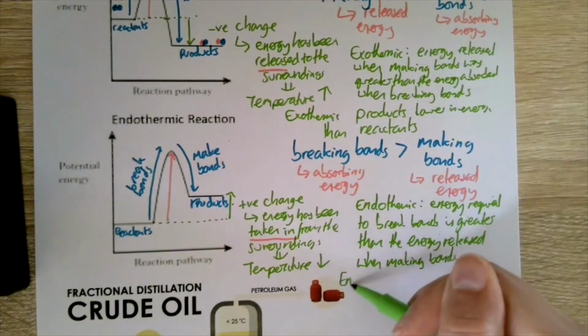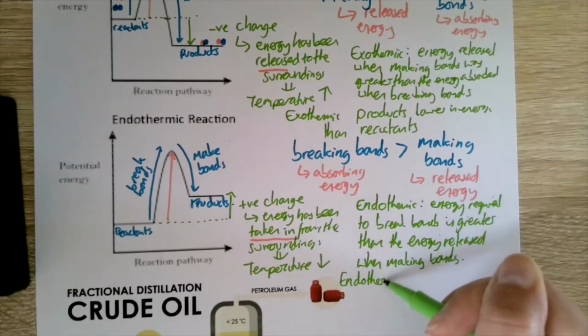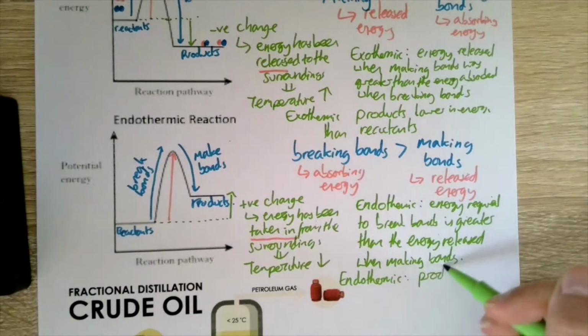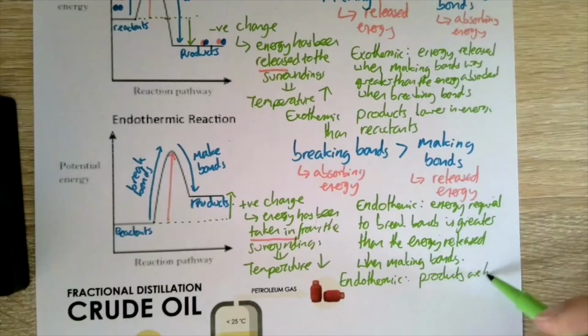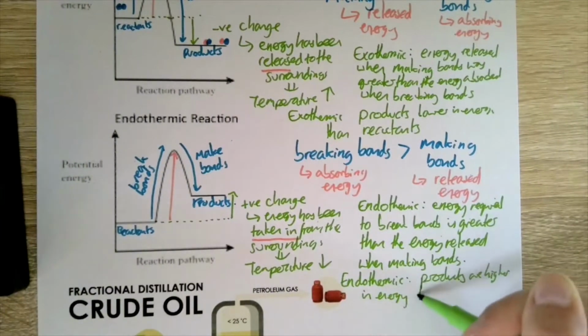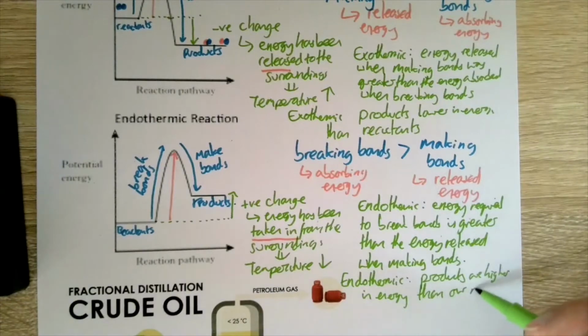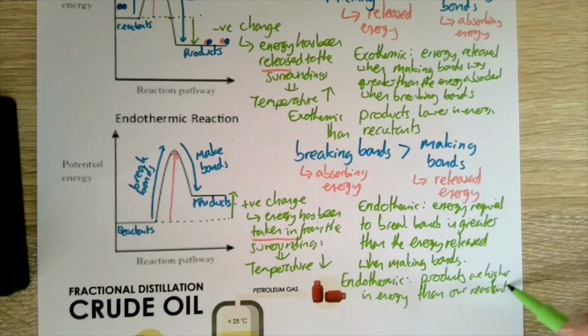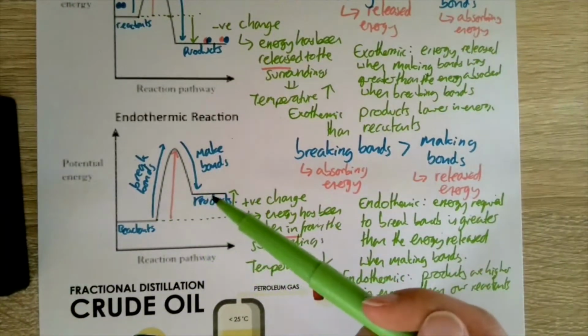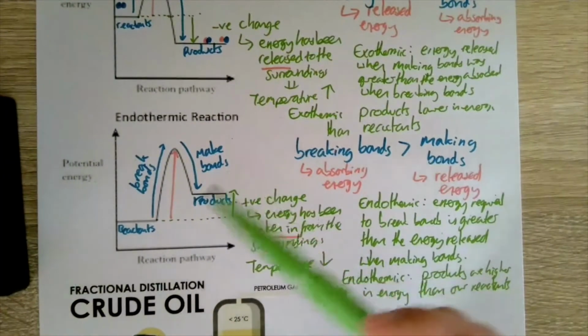Just our final thing with endothermic, our products are higher in energy than our reactants. So that's the definition comparing our energies of our products and reactants.